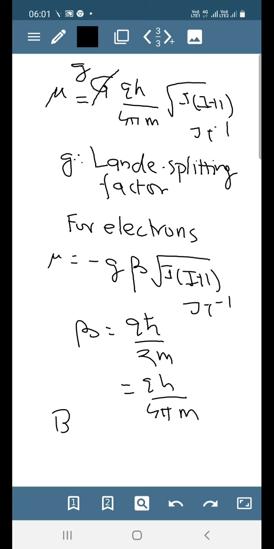It is the Bohr magneton, the unit of magnetic moment. Magnetic dipoles of nuclei are conventionally expressed in terms of the nuclear magnetic moment. So as we have an atomic magnetic moment, similarly for the nucleus beta N is e h cross by 2 m p.